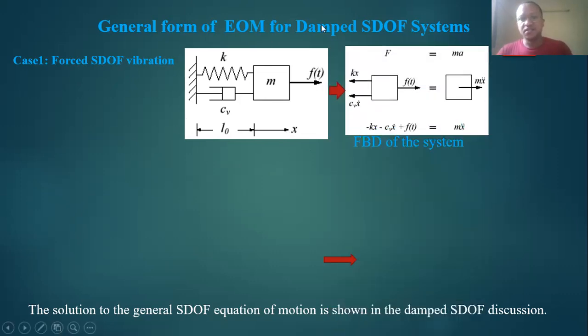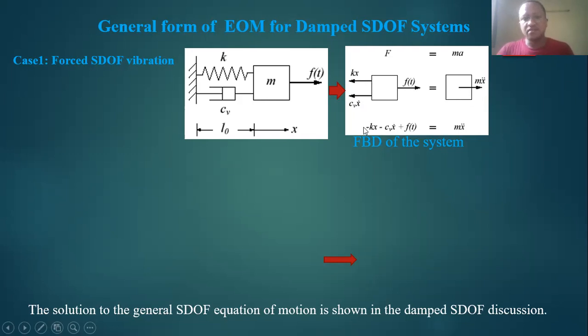This is the free body diagram for the single mass, spring and dashpot system. Using Newton's law, I take an equilibrium condition here. We have kx in this direction, c x dot in this direction, and force in this direction. Then the mass is accelerating, which is m x double dot in this direction.